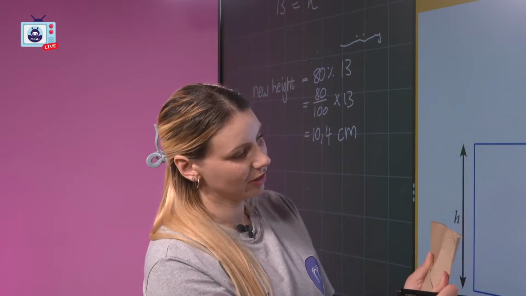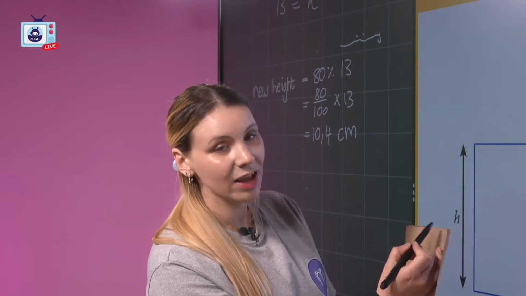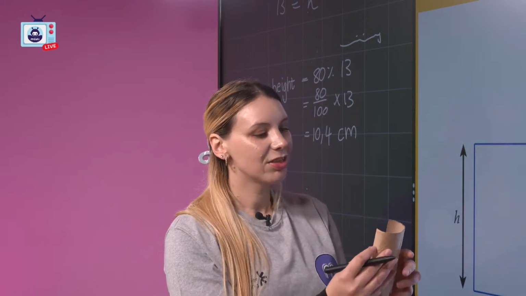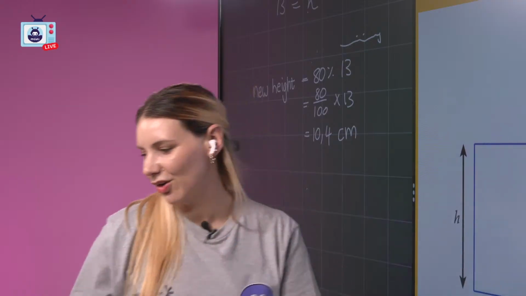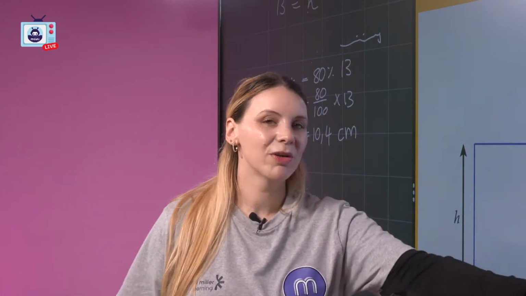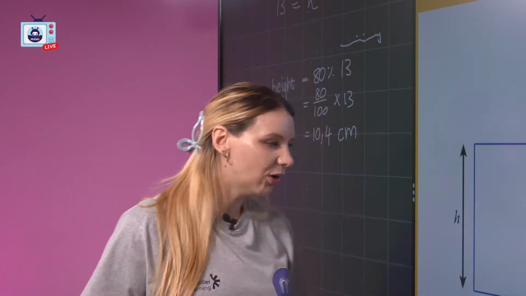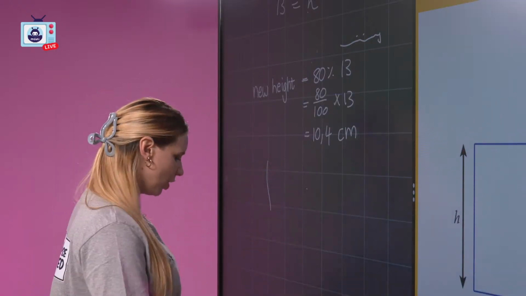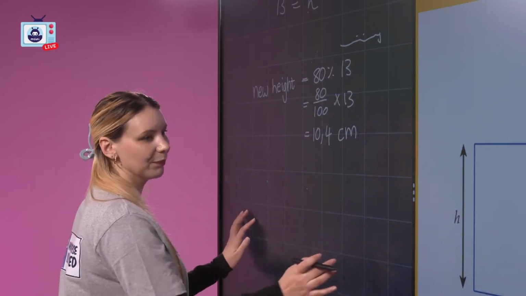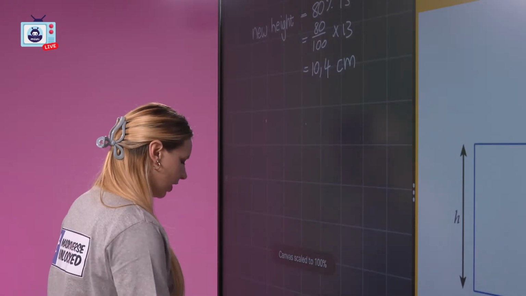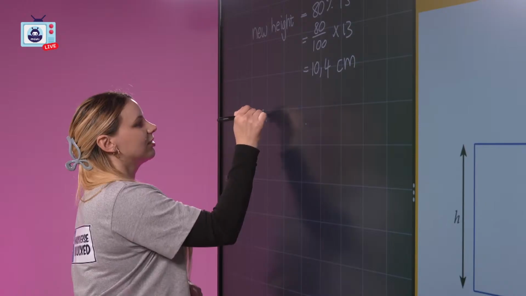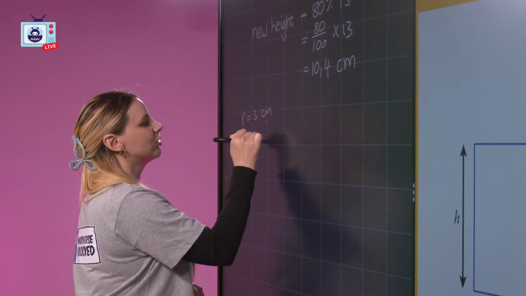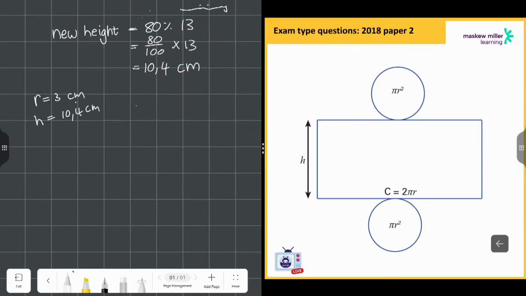My rectangle looks like this, but this would be our length, because this is your circumference of your cylinder. All right, so we're going to use the formula for circumference, which is 2 pi r, and we should know our radius, which was 3. I think I'm just going to rewrite it. Radius is 3 centimeters. Height is equal to 10,4 centimeters of our cylinder.